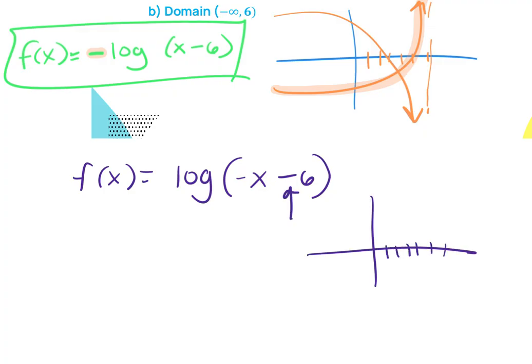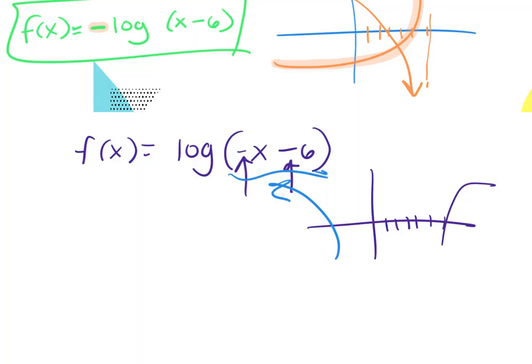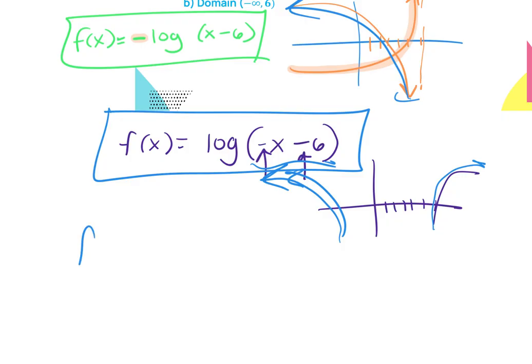To the right. And then this would flip it over the y. Wait, sorry, I just did that wrong. So if it's like this, it would shift it to the right, but the negative is going to flip it back this way, which matches what we did. So this is fine. So the vertical asymptote is still at 6. Correct.